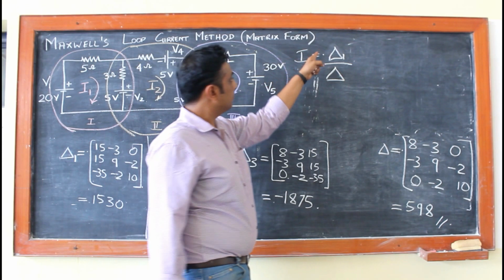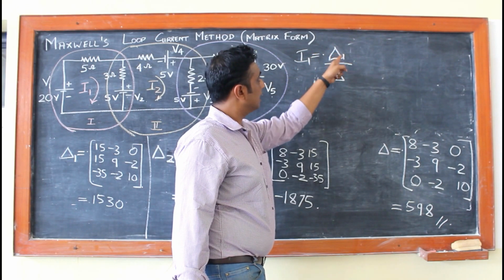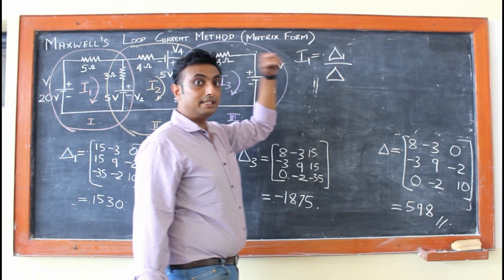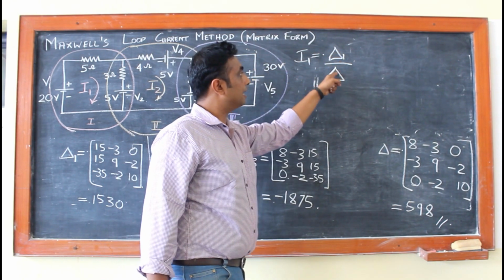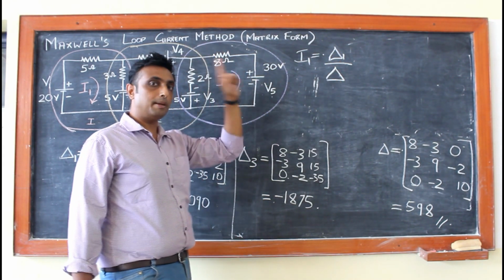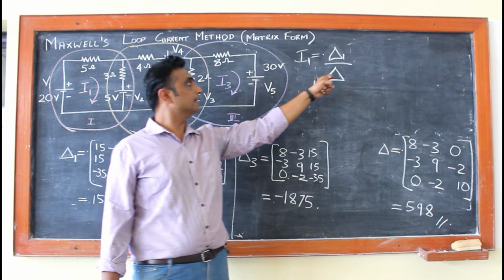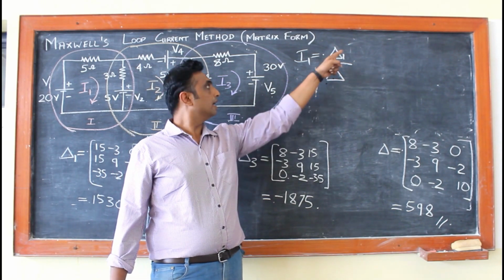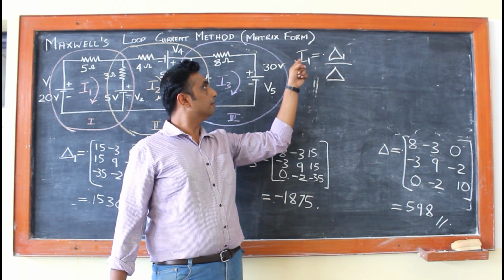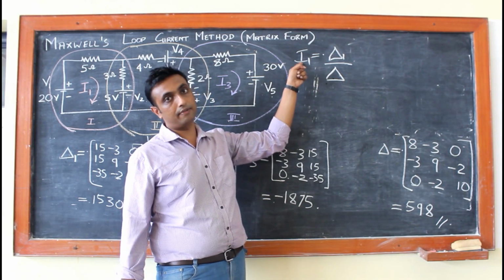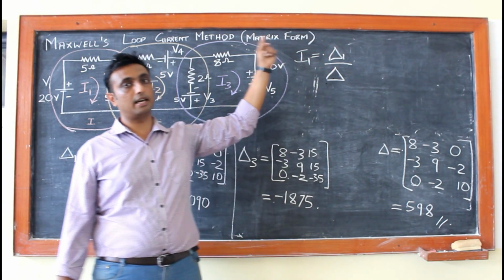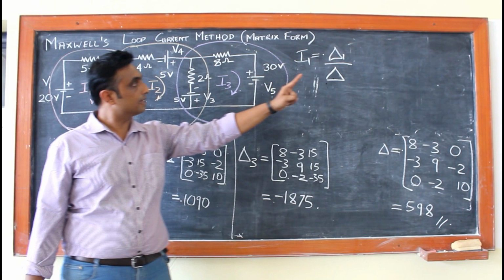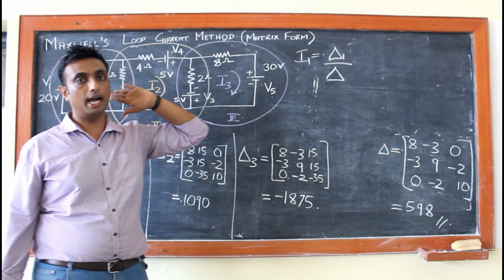So it will always be I1 equals delta 1 divided by delta, which is in the same form as V divided by R. Just remember one thing: delta will always be in the denominator. Delta 1 will be with regard to I1, delta 2 with regard to I2, and delta 3 with regard to I3.